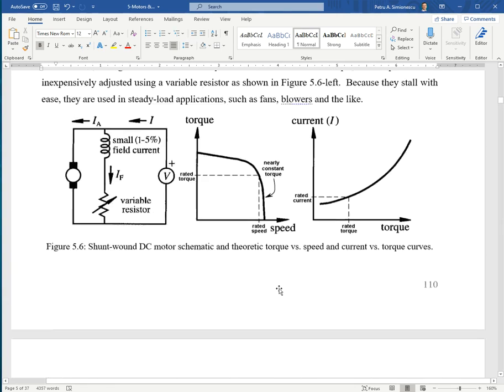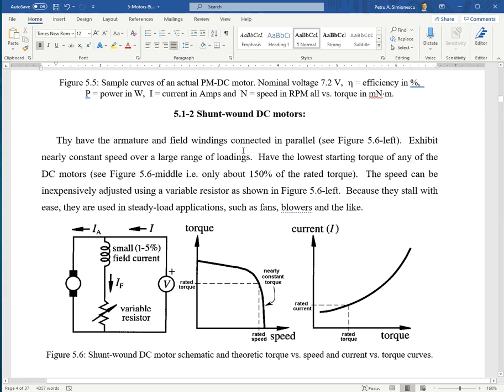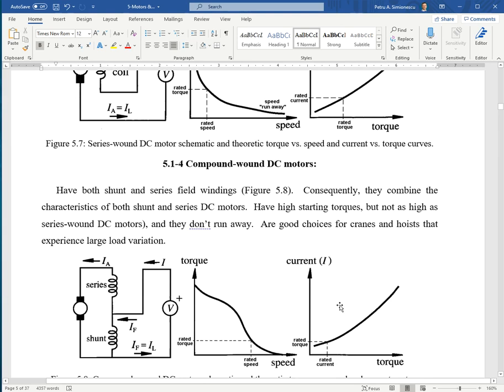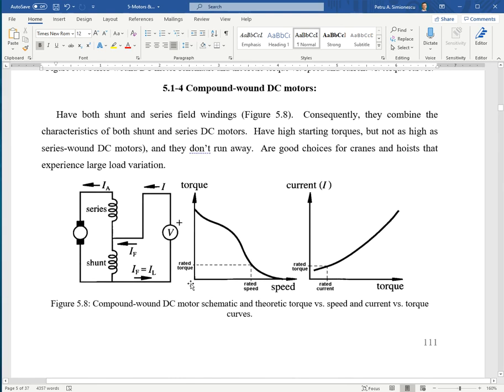There is a combination between the series and the shunt, the parallel wound DC motors, which are the compound wound DCs. Here you have the current from the power supply split, going through a coil in series, and then another one, so again the current is split.